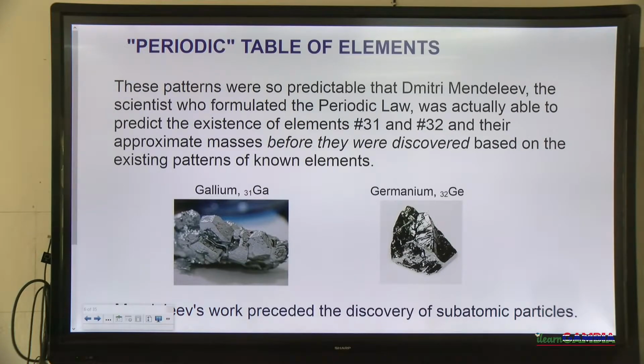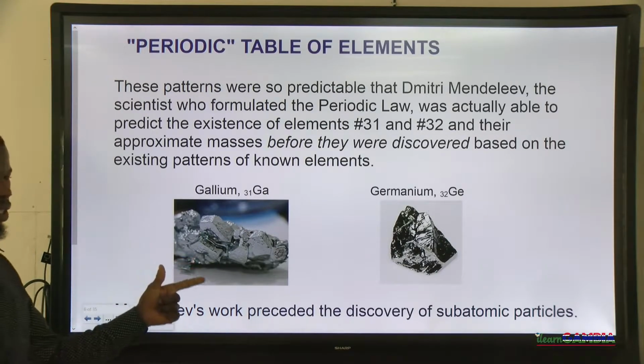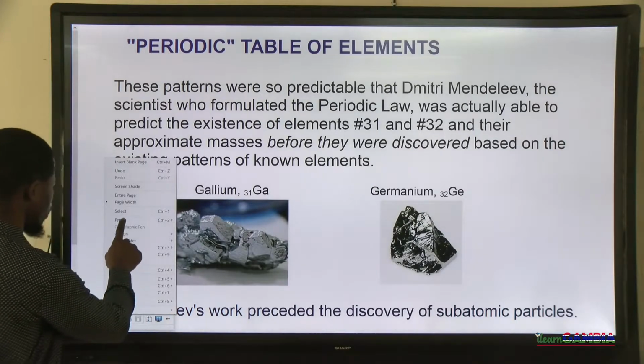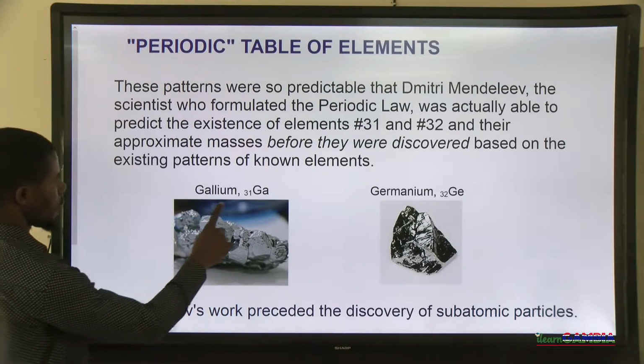These patterns were so predictable that the father of the periodic table, Dmitri Mendeleev, the scientist who formulated the periodic law, was actually able to predict the existence of elements number 31 and number 32, even though these elements are not within the context of our discussion here.